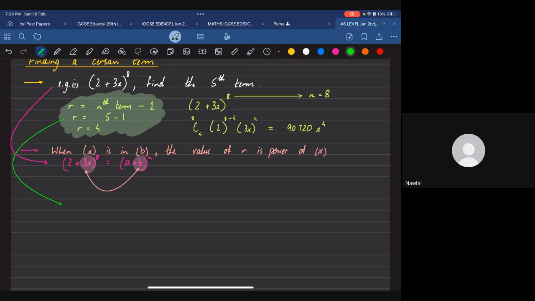For binomial expansions, you're going to have particular terms. You're going to have terms t1, t2, t3, t4, and so on and so forth, up to tn.